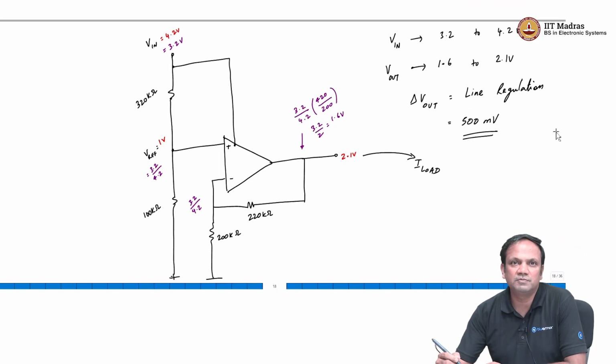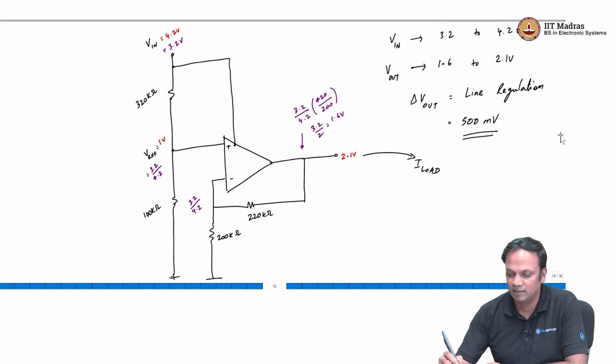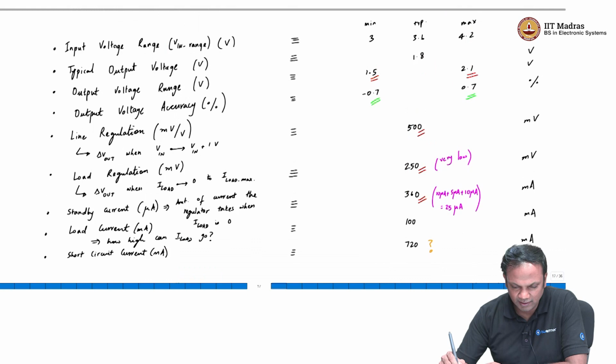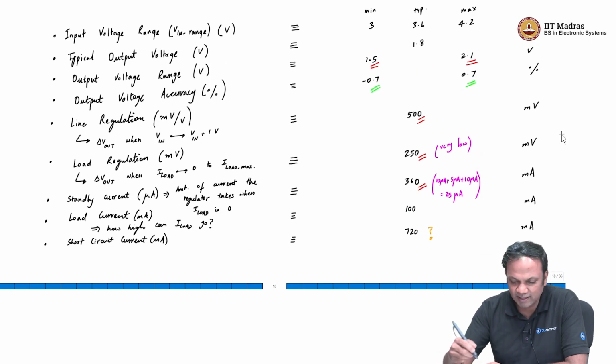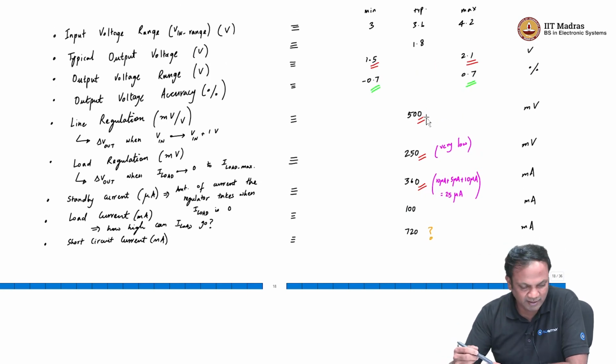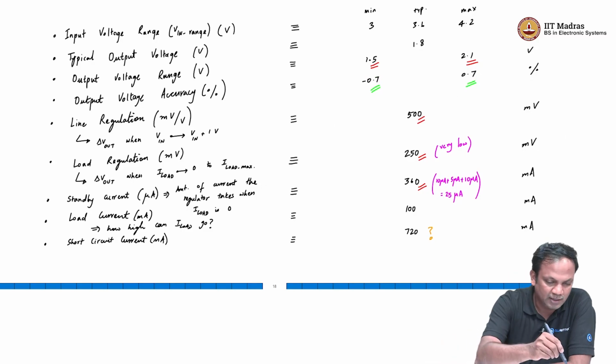One of the problems we were trying to address with the resistive divider was the fact that it had very poor line regulation. So, if you go back to the table, you can see that with our 5 ohm resistive divider, the line regulation was at 500 millivolt, right.